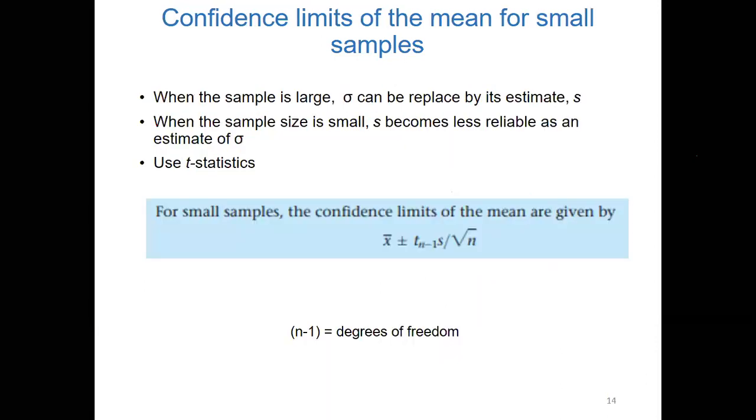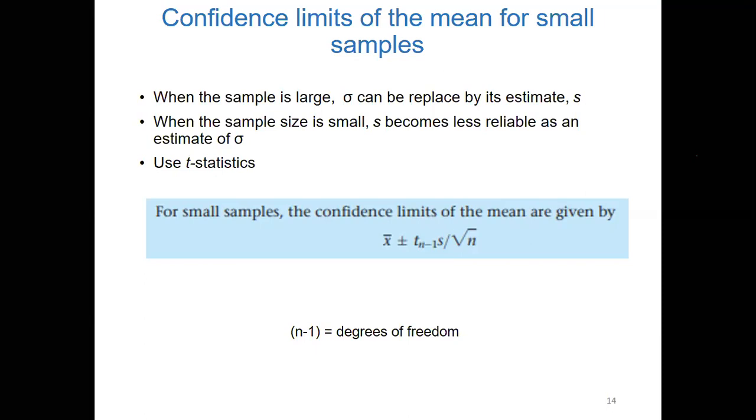Now let's discuss how we can calculate the confidence limit of a small sample. When the sample is large, the sigma or the population mean can be replaced by its estimate, the sample mean. But when the sample size becomes smaller, this S becomes less reliable as an estimate of sigma.